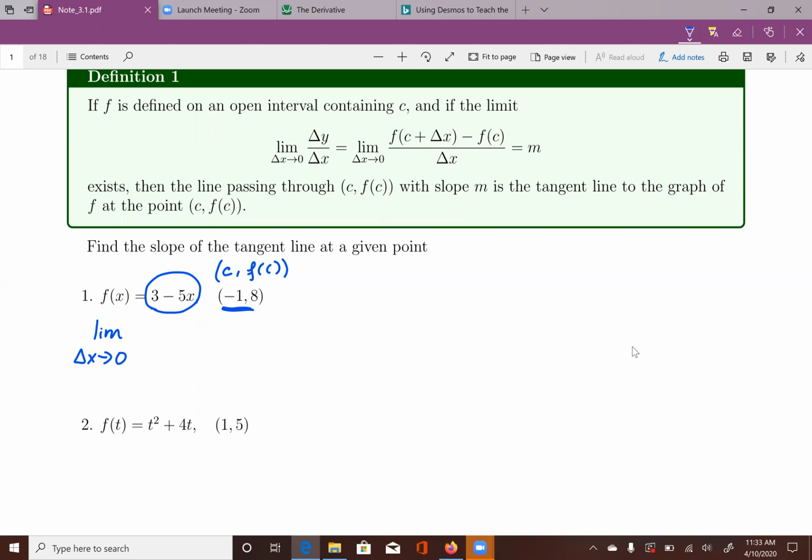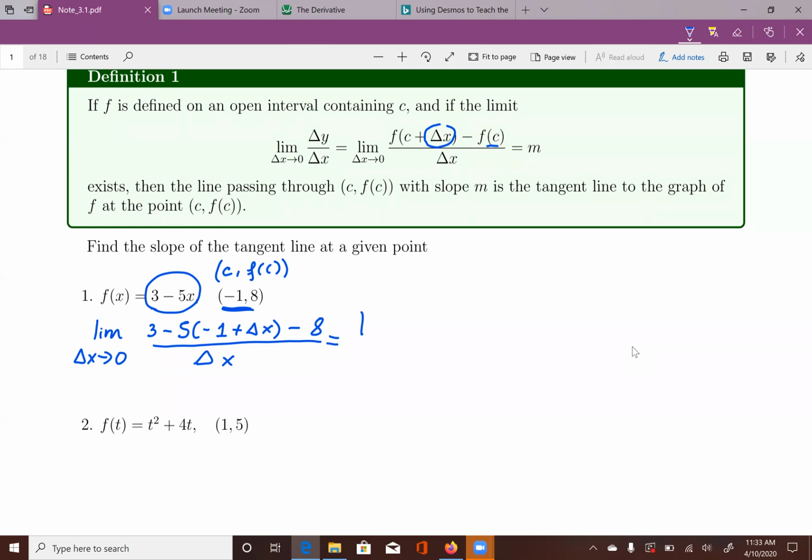You plug in f of c plus delta x. Again, delta x now is a variable, and c is -1. You plug c plus delta x into this function, and you get 3 minus 5 times (-1 plus delta x), where delta x is a variable, minus f of c, which is 8, and everything divided by delta x.